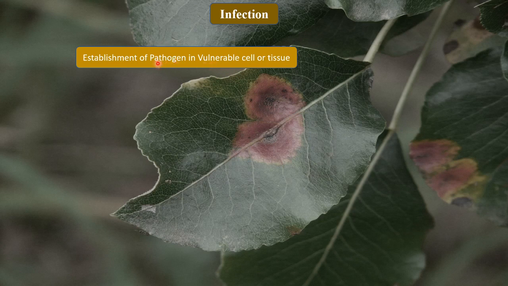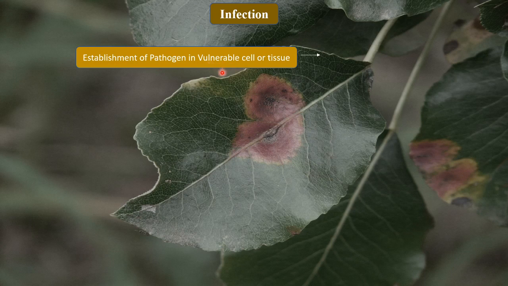So the pathogen which has entered a cell, that cell would be a vulnerable cell because it has been attacked. Now since the pathogen has attacked that cell, the pathogen will try to establish itself completely in that cell, right? So that is infection.